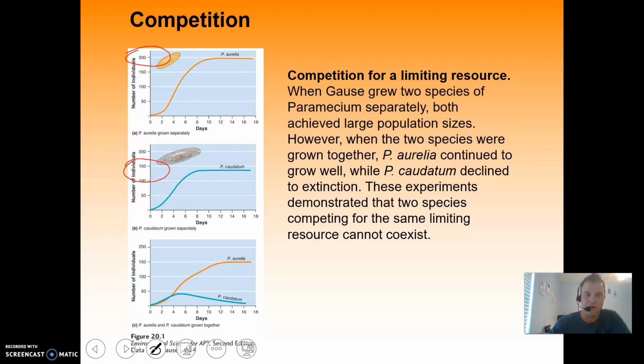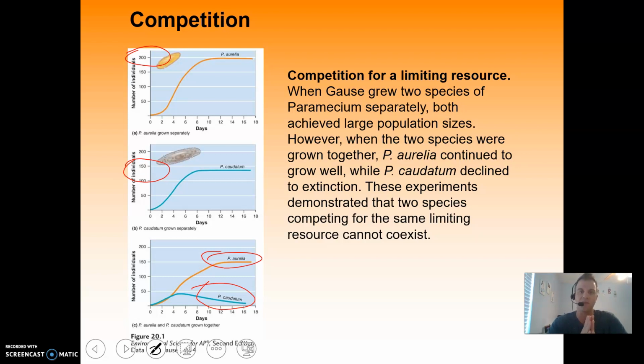However, when they were placed in the same petri dish, instead of both thriving, the Aurelia thrived to a point, still not as good as it did alone, which is very important to remember. But the other one, the caudatum, eventually died out. So this is an example of competition.